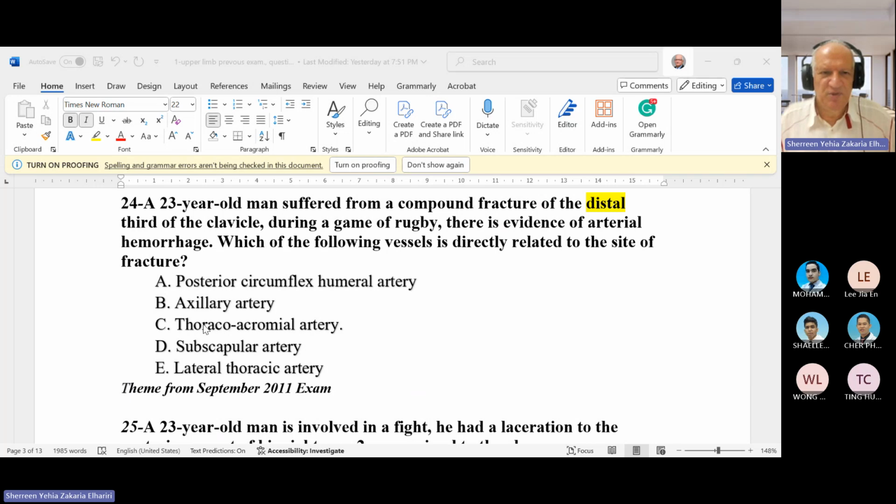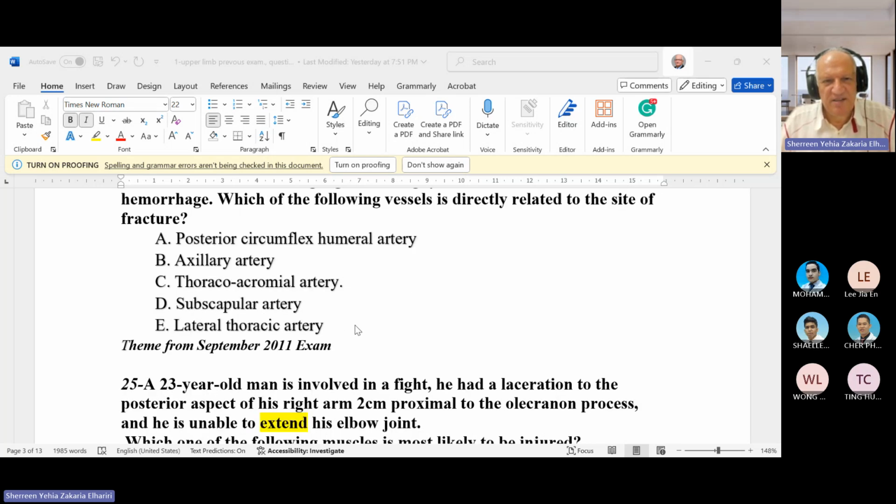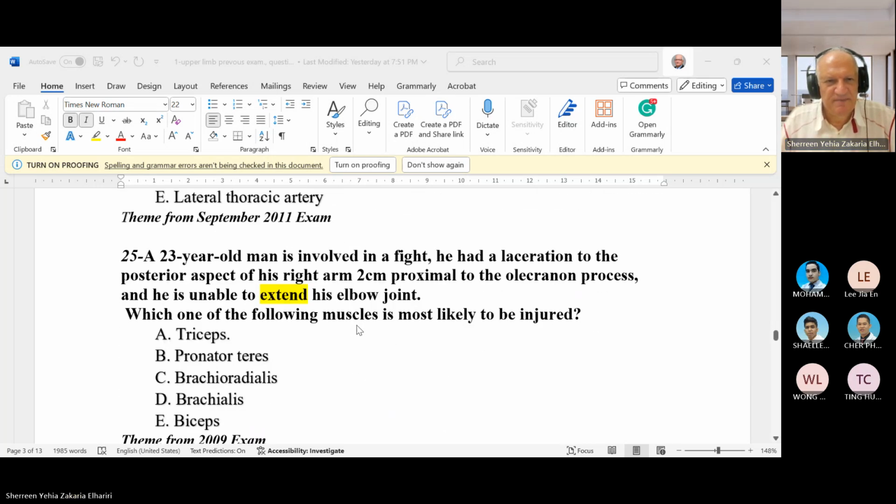So this means a small artery. So this is the thoracoacromial artery. It is commonly injured in mastectomy, in trauma in this area, and in penetrating injury. So it is important to recognize that it is a tiny branch and has 4 very small branches.